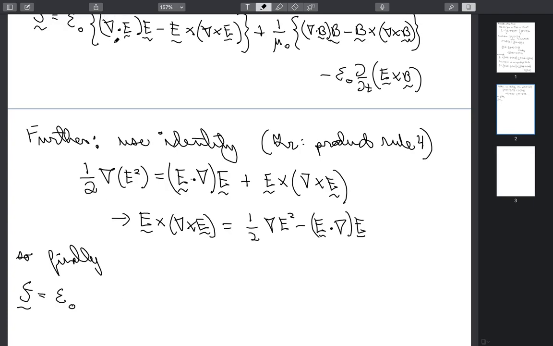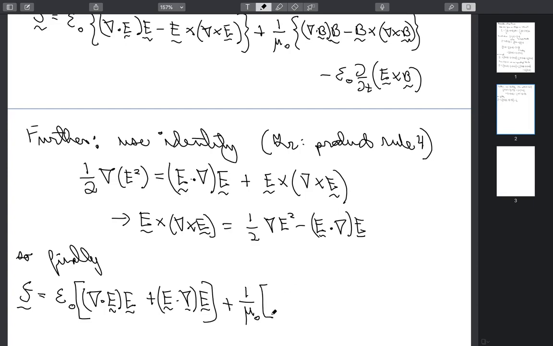So first of all, I had this term here, div E times E, but then I have this term coming in, plus E dotted into grad acting on E. Okay, and again the epsilon 0 is just factorized in this whole thing. Then I have the same thing but with the B field.